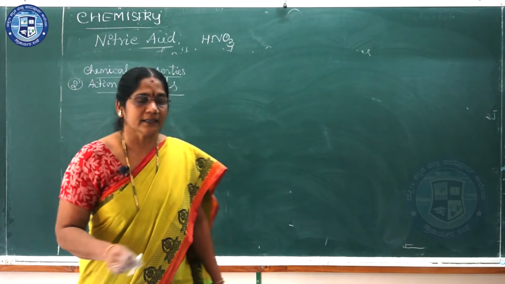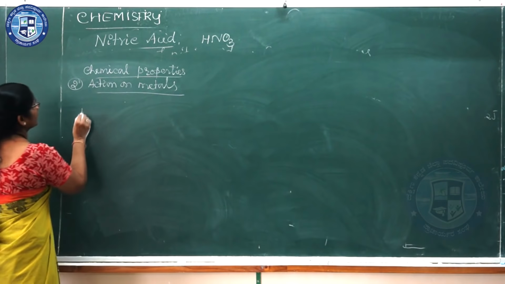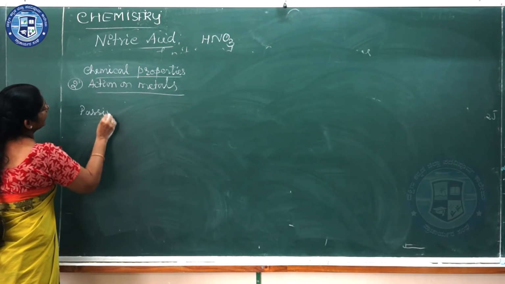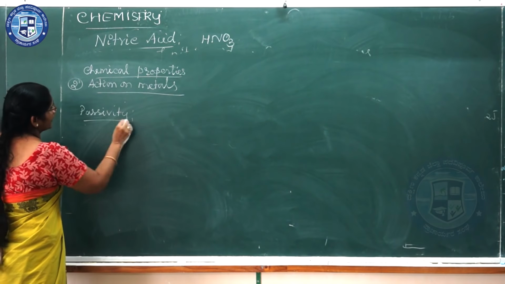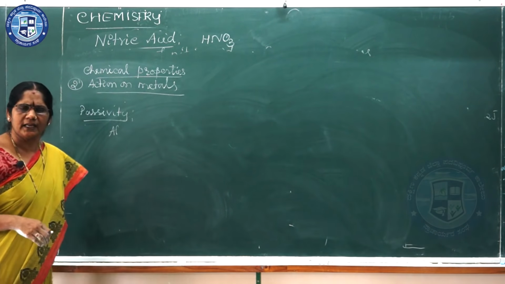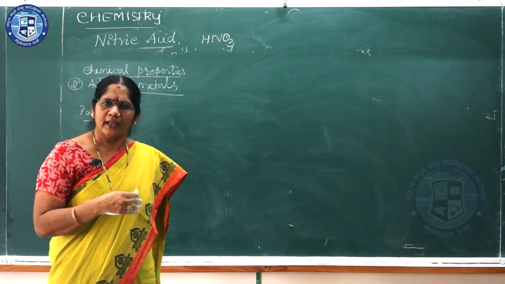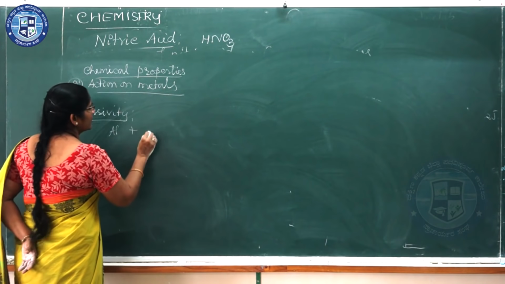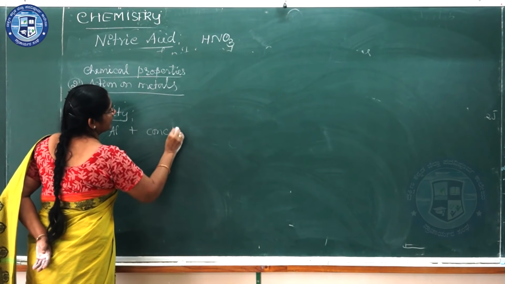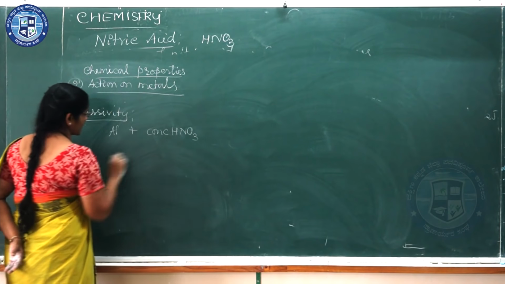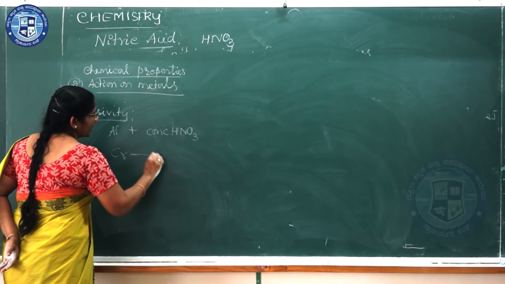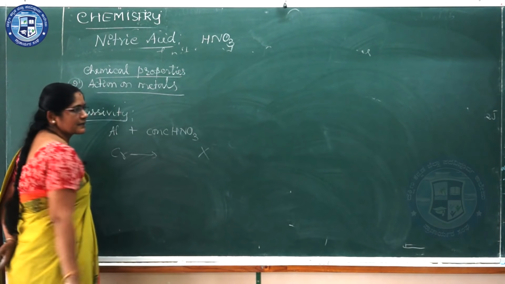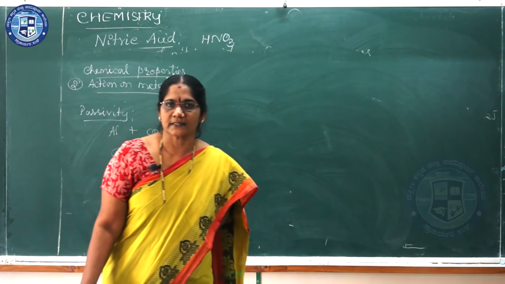Whereas aluminium is actually a highly electropositive element and should be able to react with concentrated nitric acid. But when aluminium is mixed with concentrated nitric acid, there is no reaction, and even chromium has no reaction with concentrated nitric acid. What is the reason?